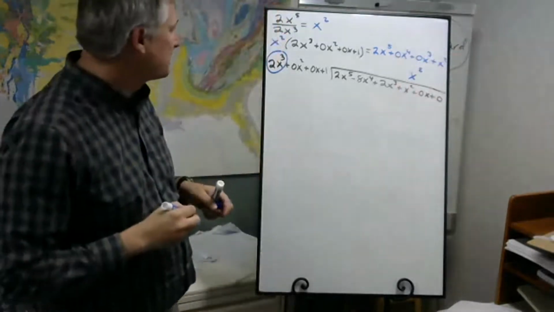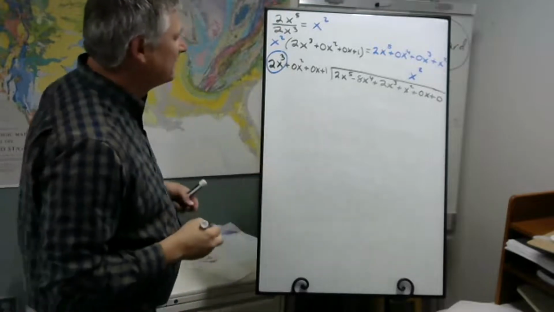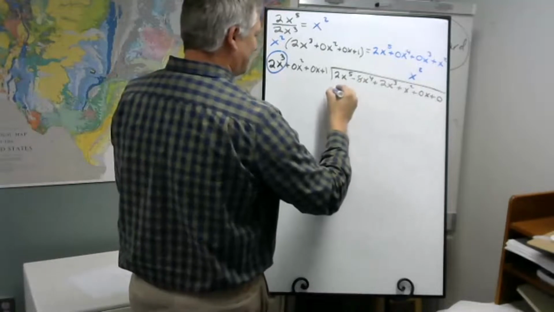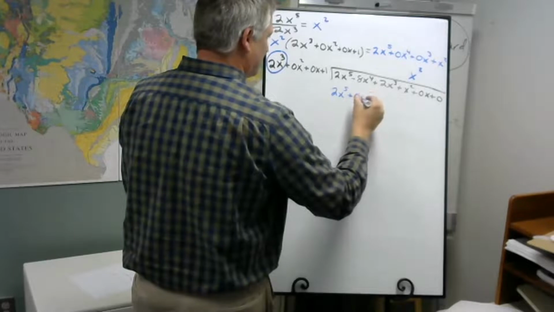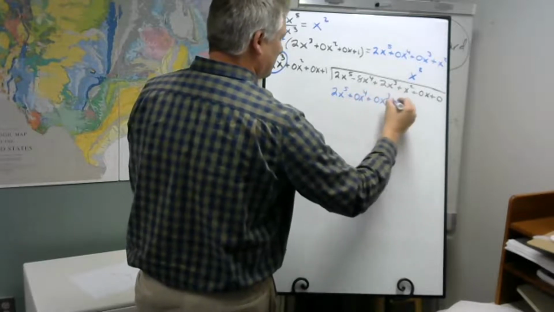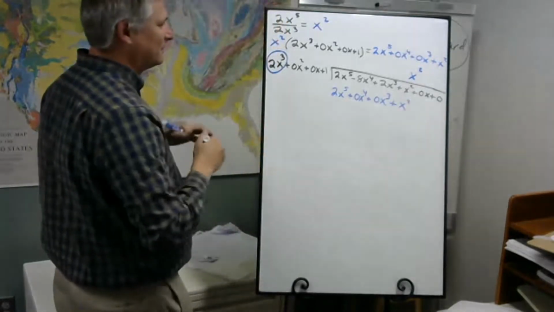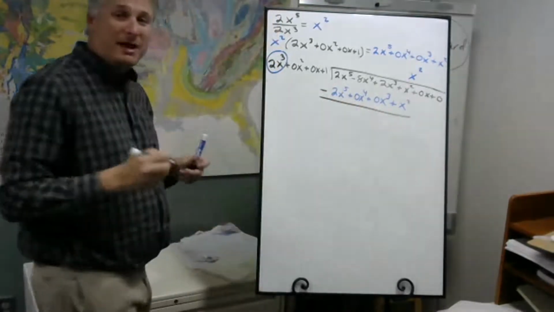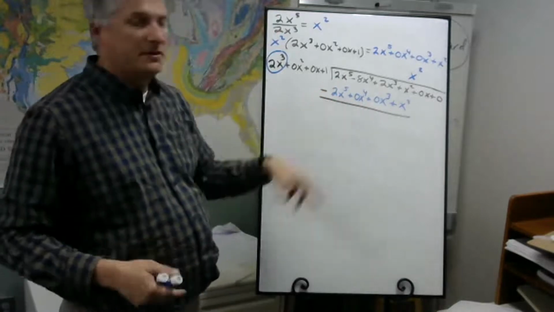Let's check my arithmetic real quick. So far, so good. All right, it's looking good. So this is what we write down here. Now we subtract. 2x to the fifth minus 2x to the fifth is 0.